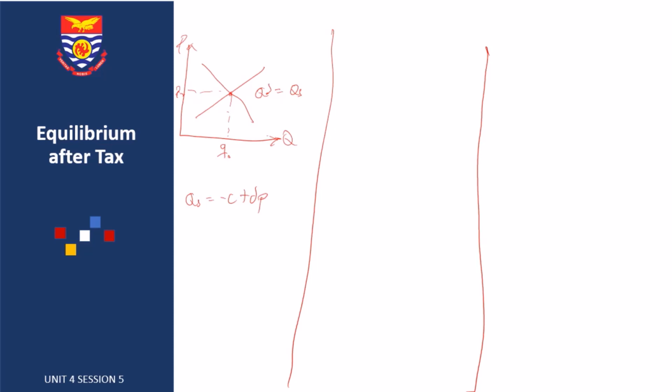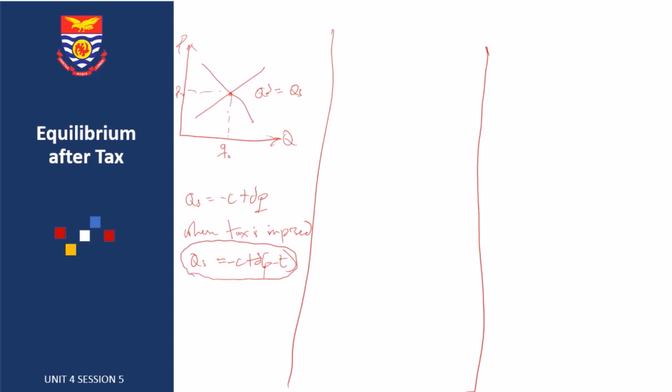When there is tax imposition, we are going to subtract the tax from the price. So when tax is imposed, our QS now becomes minus C plus D, and we subtract the tax from the price, so we now have P minus T. Then we will have to find a new equilibrium price and equilibrium quantity using this new supply equation.